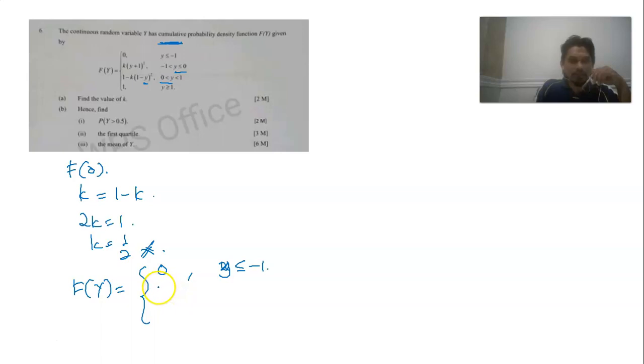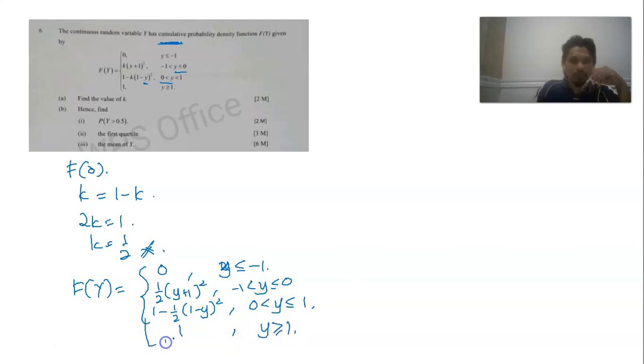K is half, so 1 over 2 (y plus 1) square for y between -1 and 0. 1 minus k is half, and then 1 minus y squared for y between 0 and 1, and then equal to 1 for y greater than or equal to 1. Okay, and then find the probability of y greater than 0.5.